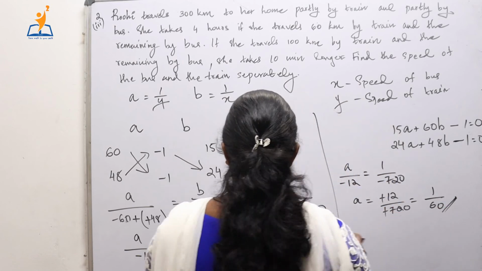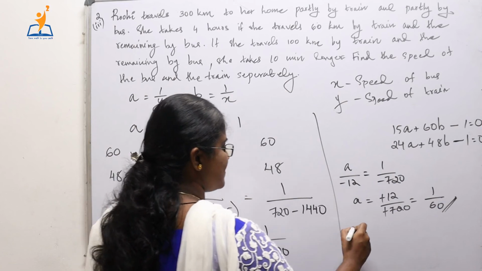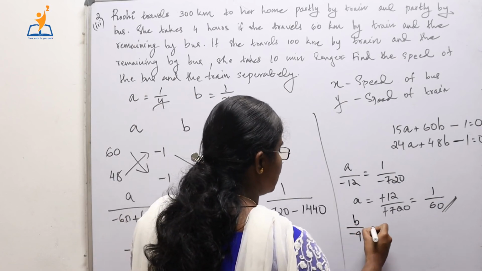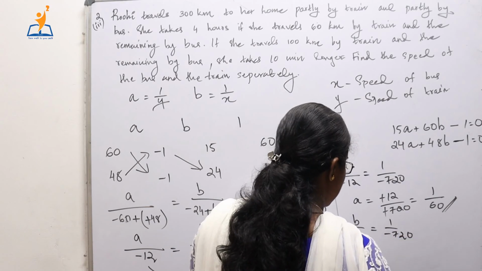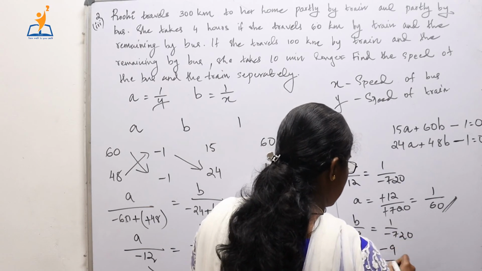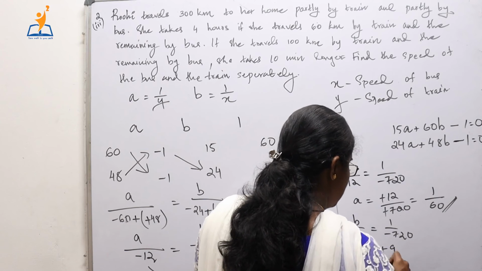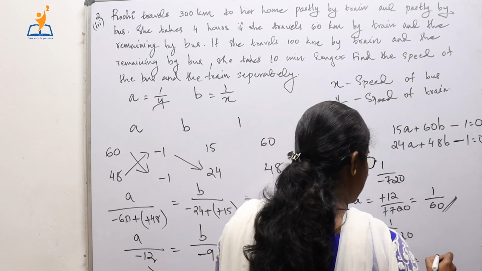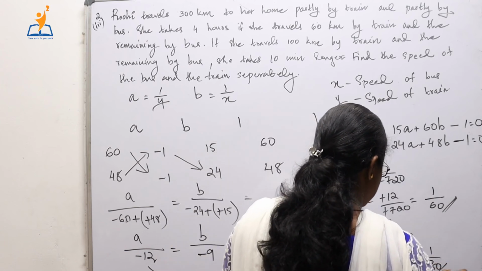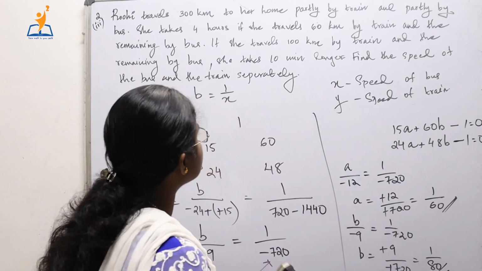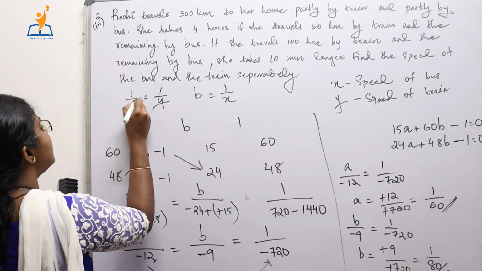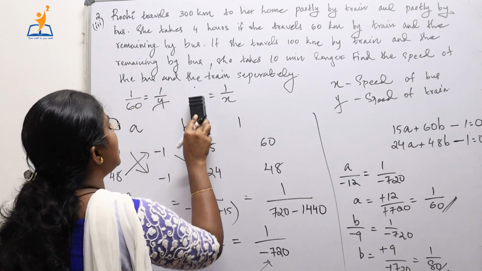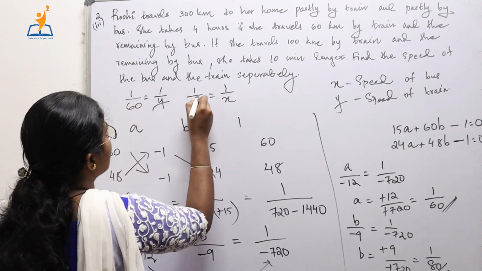Now we have b by minus 9 is equal to 1 by minus 720, which implies b is equal to minus 9 by minus 720. This will become positive and it is 1 by 80. So we got a as 1 by 60 and b as 1 by 80.